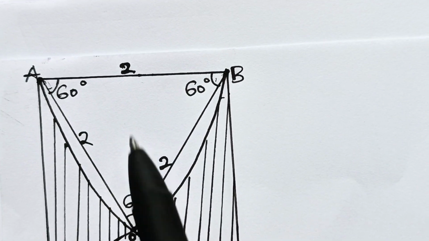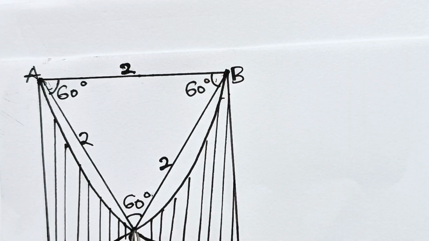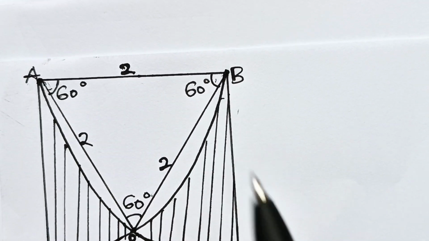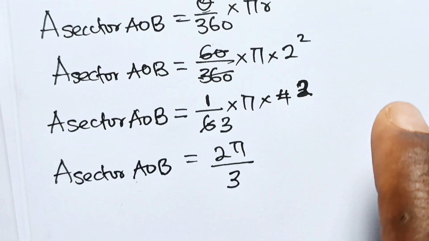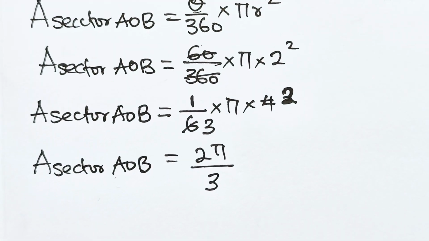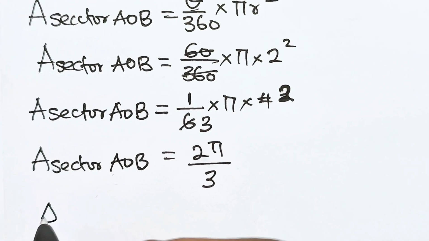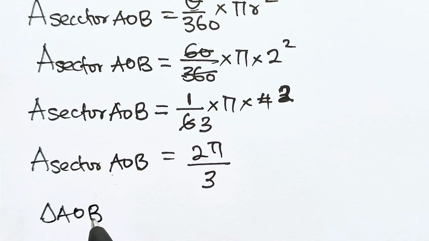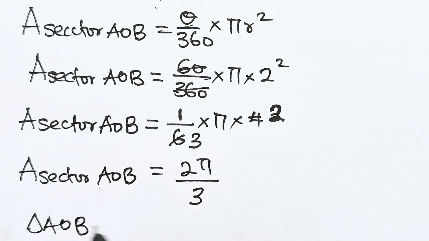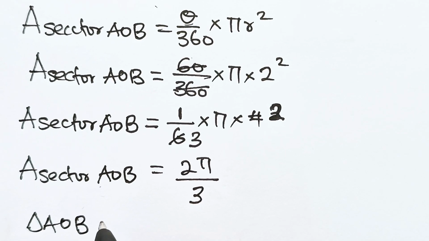Now let's look at the equilateral triangle AOB. Let's try to find its area. Triangle AOB is an equilateral triangle.